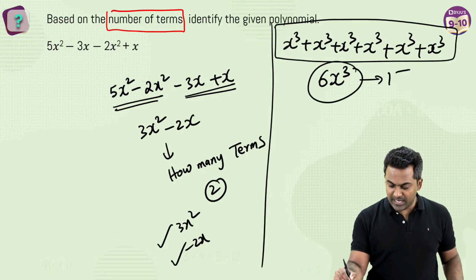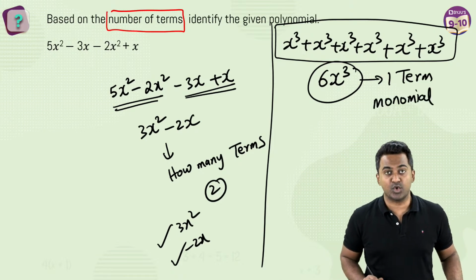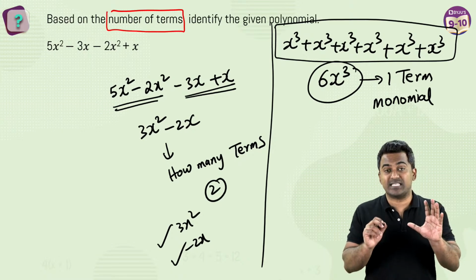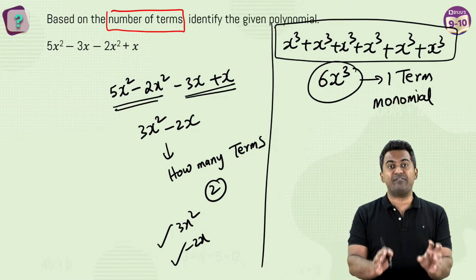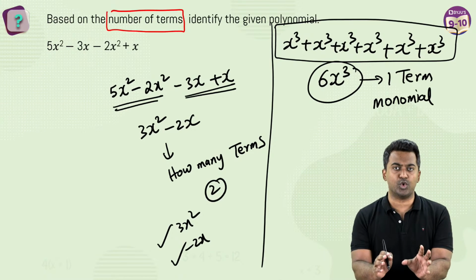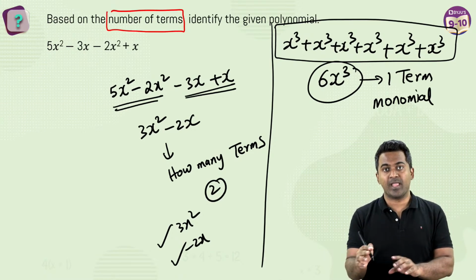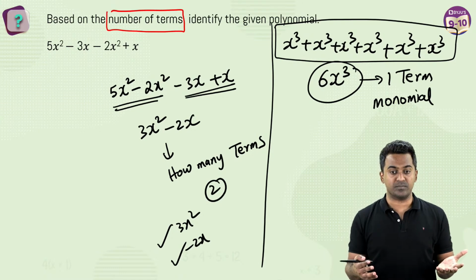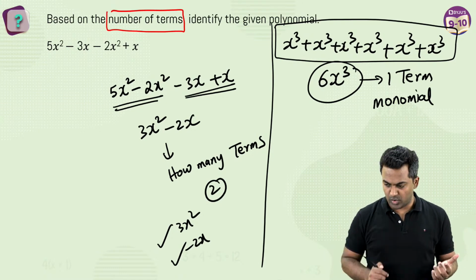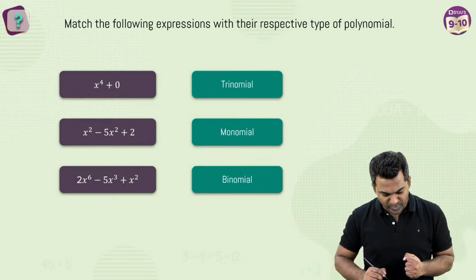And for that reason, I am going to call this a monomial. Okay? So you have to remember this. This is very crucial. Whenever an expression has been given to you, you have to simplify this by combining the like terms. And then count the number of terms. Alright? Very good. You've understood this, so I'm going to give you some questions now.